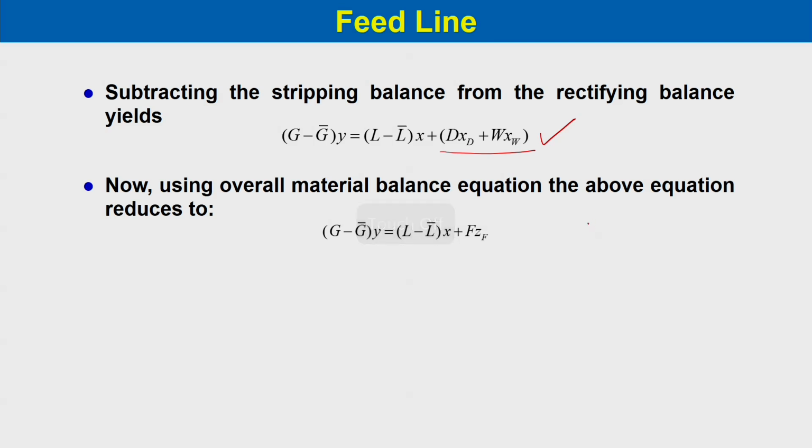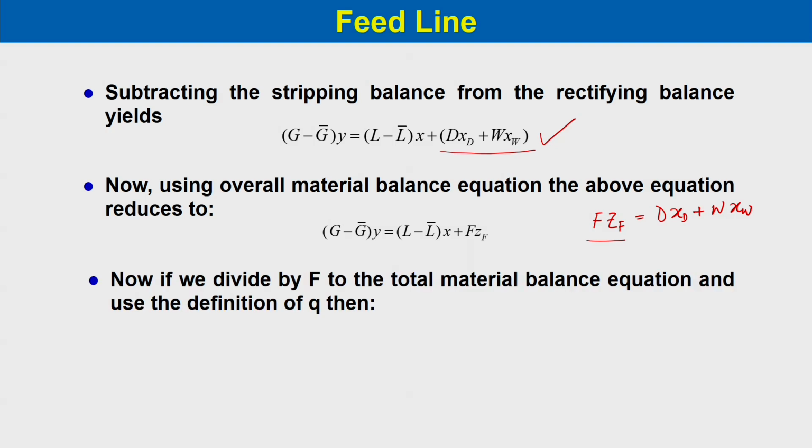The overall balance equation is F zF would be equal to D xD plus W xW. So, if we substitute here F zF, this equation will reduce to (G minus G bar) into y is equal to (L minus L bar) into x plus F zF.